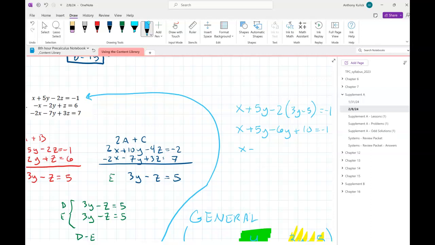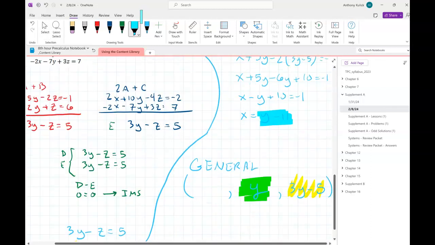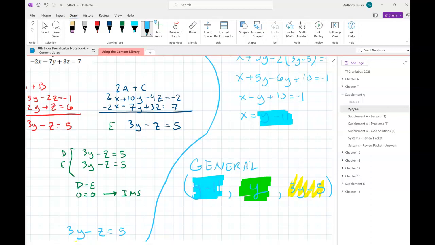So I'll combine some like terms and get the x by itself. So we'll add y over and then subtract over 10. There's my x component in terms of y. So that's my general solution right there.